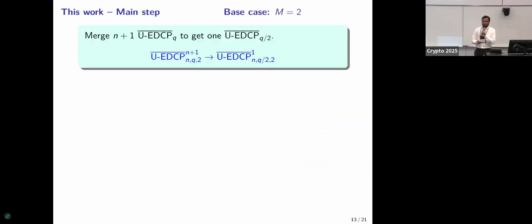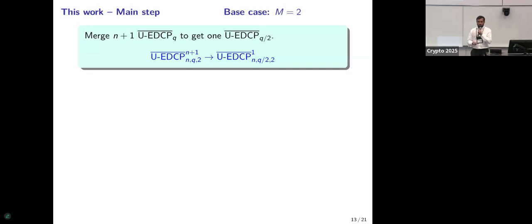Okay, so first I will look at the main step of the algorithm where we have n+1 many samples of UEDCP bar, and we combine them and we get one UEDCP bar sample with new modulus, which is Q/2. So that's the main step of the algorithm.